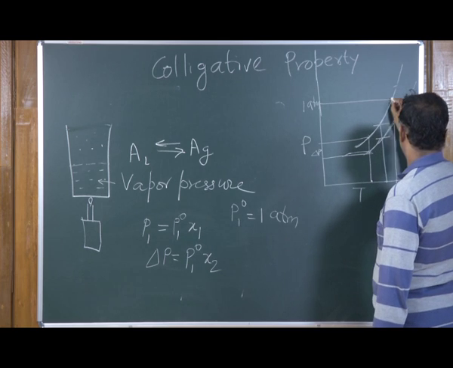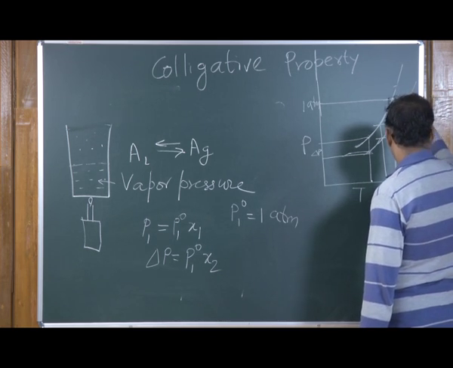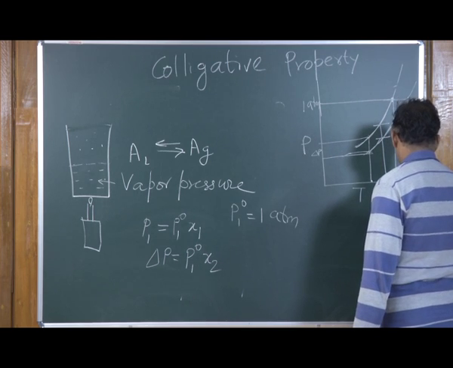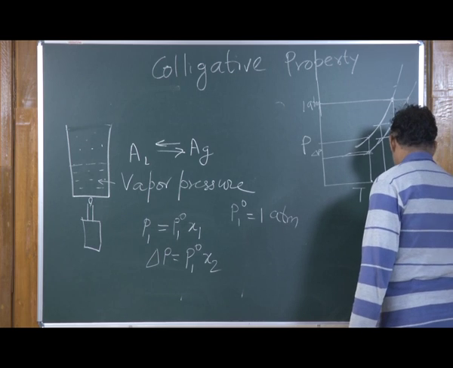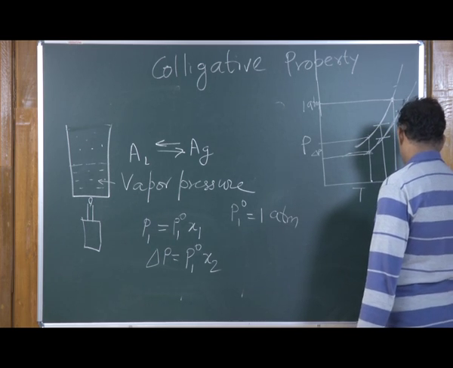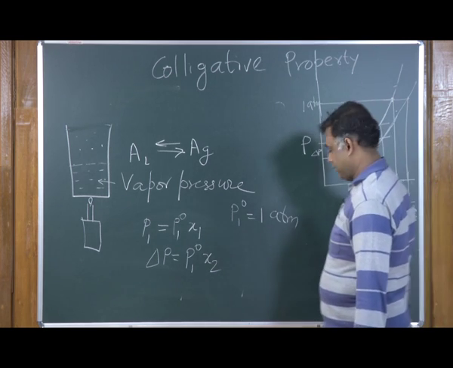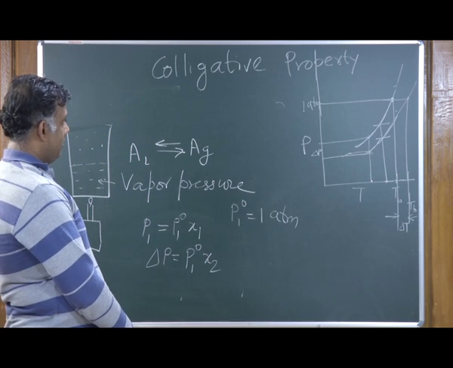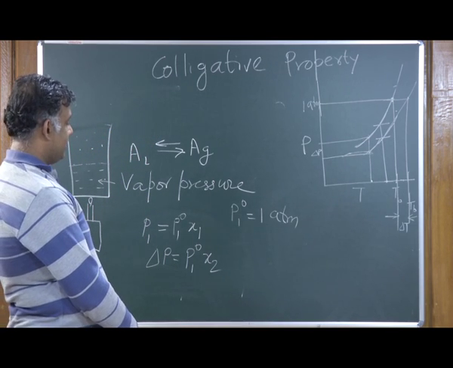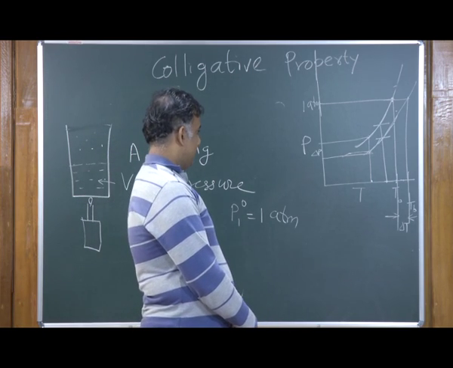Now, this curve is going to have a vapor pressure of 1 atm at this point, and this is the boiling point for the solution, and this is the boiling point for the solvent, and this difference delta T is the increase in the boiling point of the solution with respect to the pure solvent.